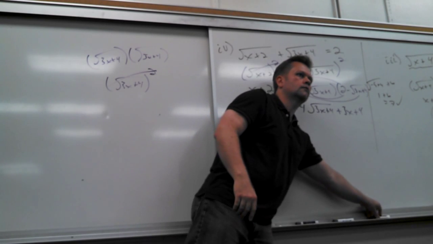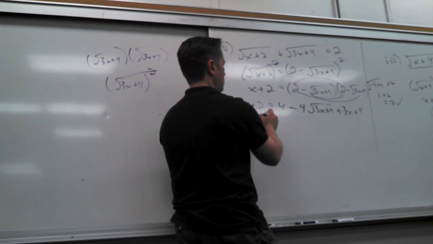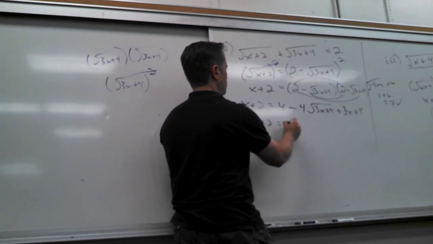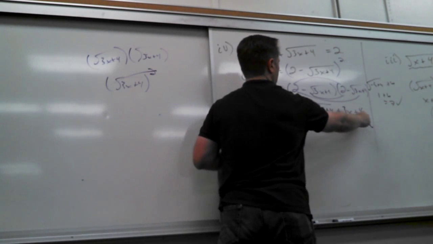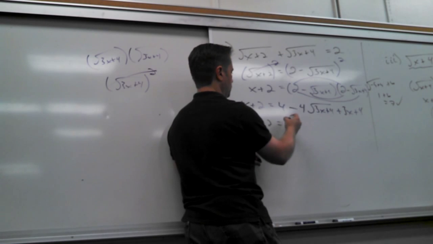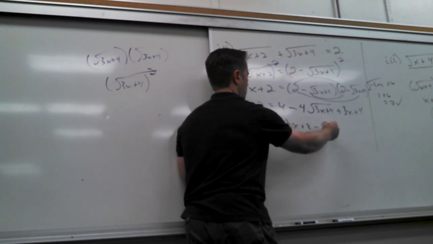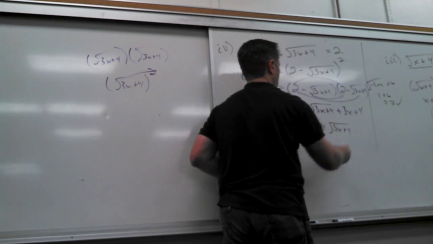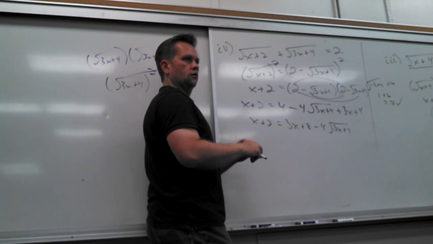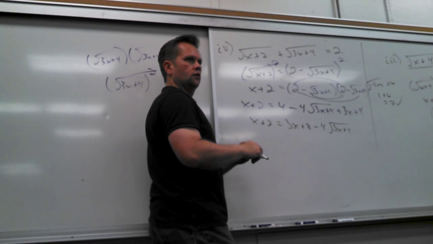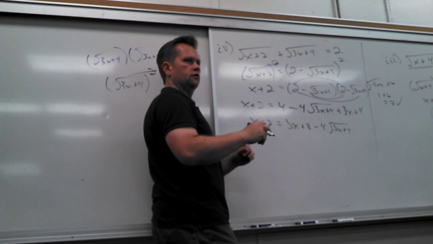Would it be as you combine like terms there? Oh, good. No, all right. It's not squared anymore. So x plus 2 equals 3x plus 8. I mean, I can only do so much here, right? Isolate your radical element.